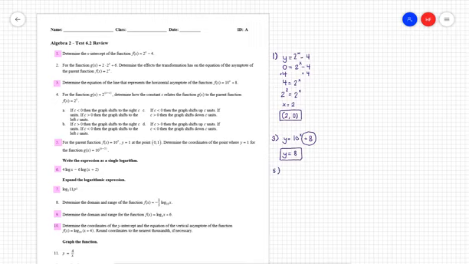Number 5. For the parent function, f of x equals 10 to the power of x, y equals 1 at the point (0, 1). We want to determine the coordinates of the point where y equals 1 for the function g of x equals 10 to the power of x minus 5. So we're going to plug in a 1 for y. Now we can do this several ways.